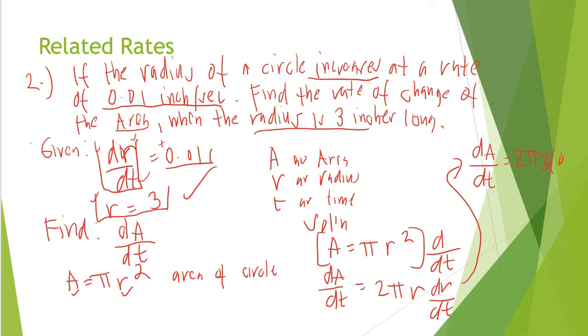So multiplied by 0.01. Now, we multiply 2 times 3 times 0.01 and leave the pi behind. We will have 0.06 pi. So the answer here is dA over dt, which is the rate of change of the area, is equals to 0.06 pi square inch per second.